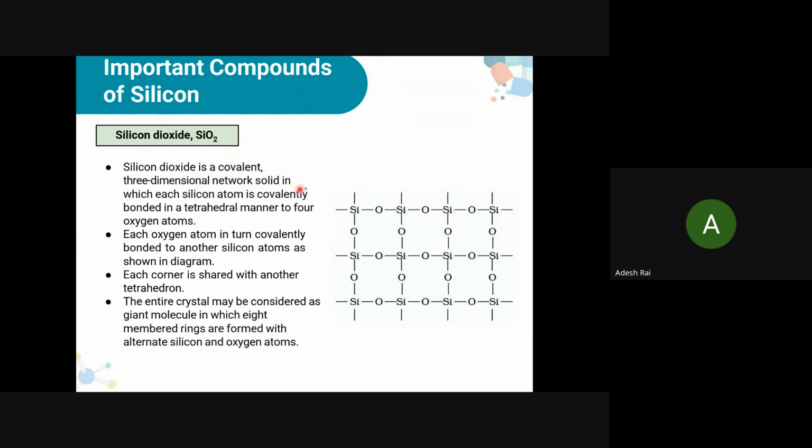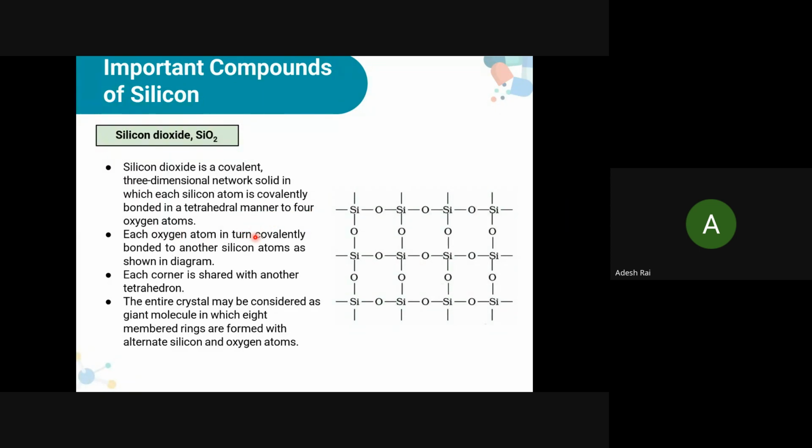It is a solid in which each silicon atom is covalently bonded in a tetrahedral manner. Tetrahedral means there are four bonds, one, two, three, four. Each silicon atom is covalently bonded in a tetrahedral manner to four oxygen atoms.